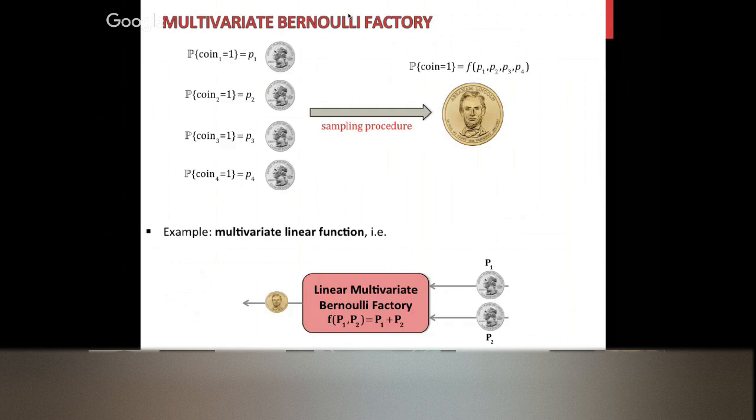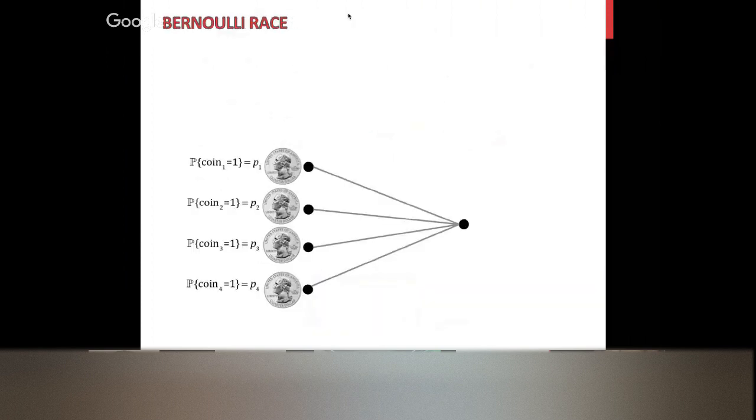You want to generate a new coin that has bias P1 plus P2. Suppose you know that P1 and P2 are between 0 and half, such that they sum up to something between 0 and 1. And this is also known. I'm not going to show you how, but this is a recent paper by Huber that showed this can be done efficiently. These are basic building blocks that I'm going to use in my construction.